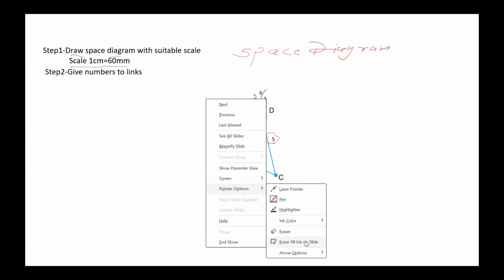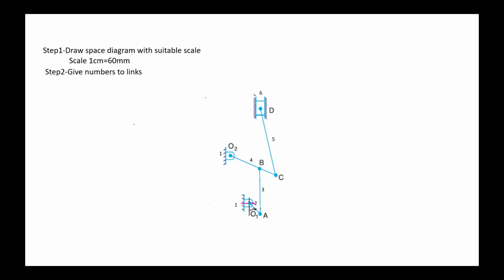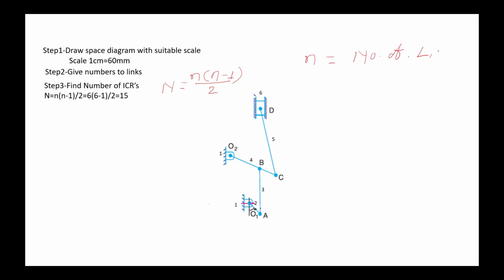Now, for all these 6 links, as per our step, we have given the numbers to the links. Then you have to find the number of ICRs for this mechanism. The number of ICRs, capital N, is given by n into (n minus 1) divided by 2, where small n is the number of links in the given mechanism.